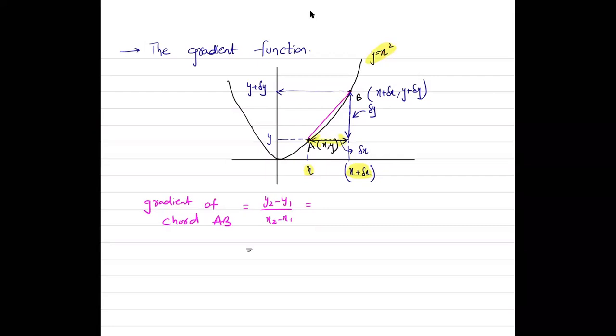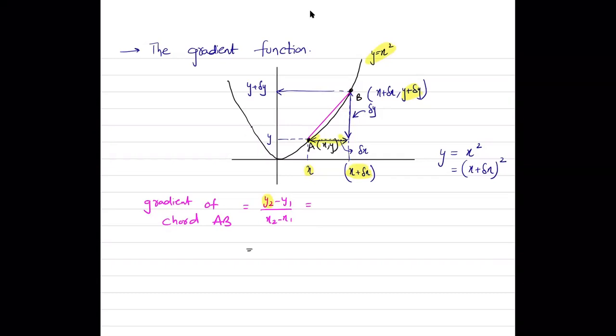So in place of y2, if I plug in the x coordinate of point B in the equation y equals x squared, where the x coordinate is x plus delta x, what will I get?